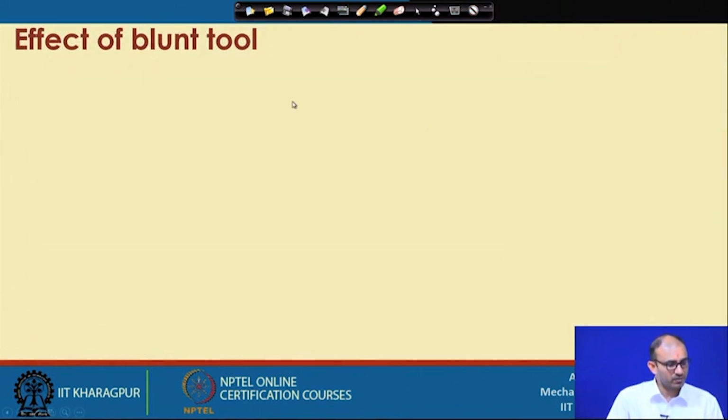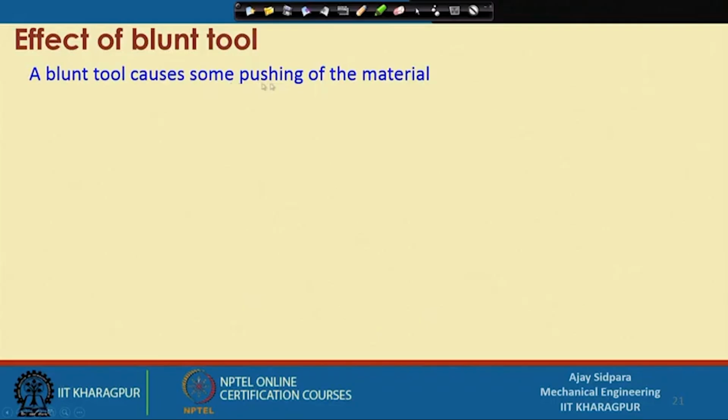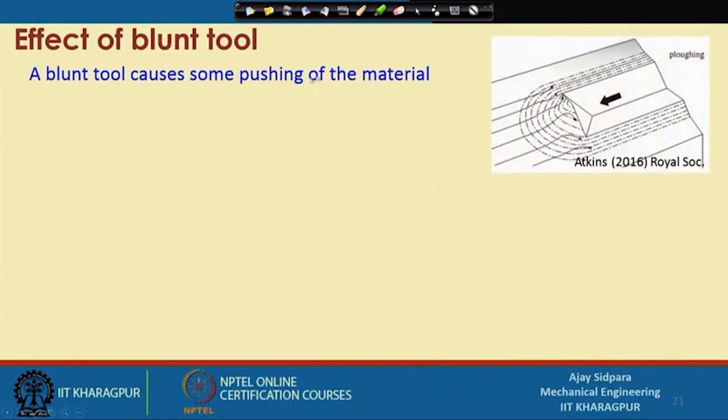Now, what is the effect of a blunt tool? Because till now we have seen some of the examples where we are talking about the cutting edge radius of the cutting tool, where we have seen that it is not an ideally sharp cutting tool, and we always have some radius that is called cutting edge radius. So, what will happen is that the blunt tool causes some pushing of the material, as in this diagram we have seen, and pushing of the material happens in different directions.